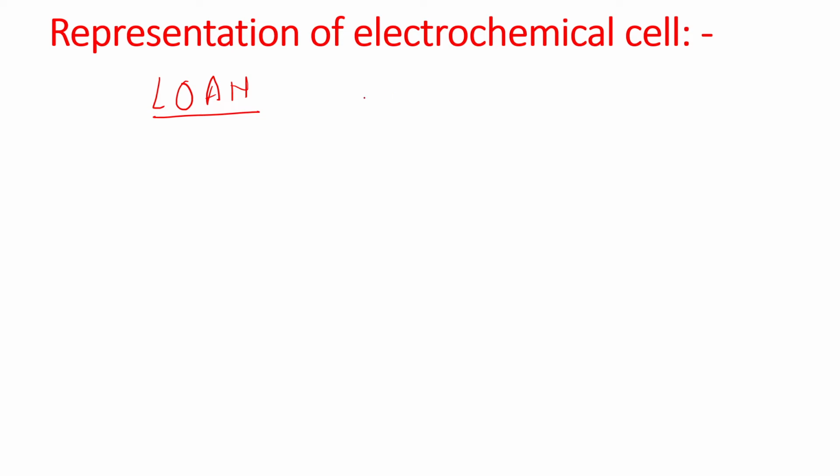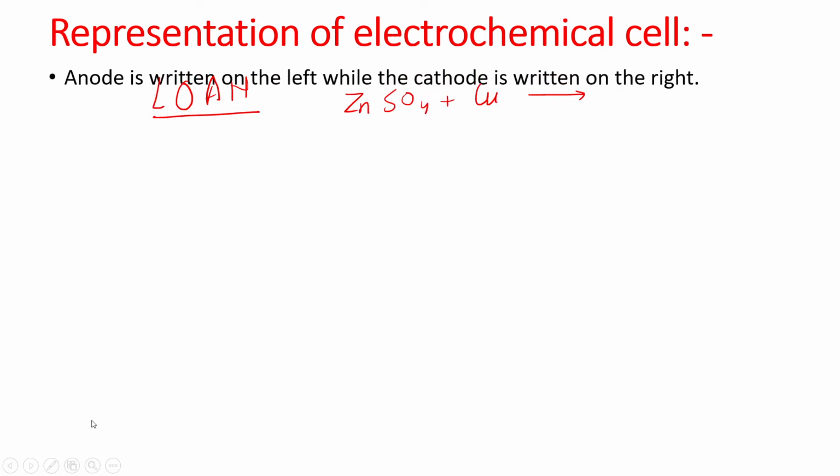Whenever you are supposed to write, let's say you have this electrochemical cell with zinc sulfate and copper, or let's say we have copper 2 plus and zinc. So what will happen? Zinc will convert into zinc 2 plus and copper will get reduced.